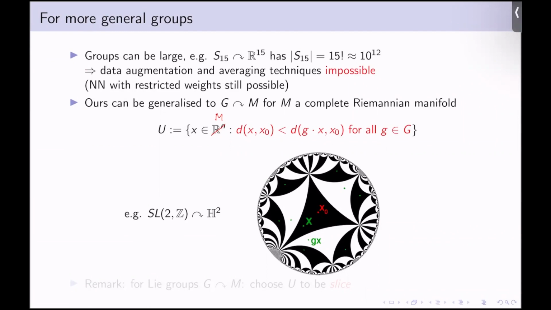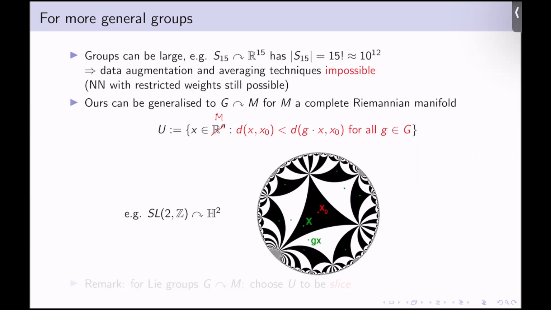Now, this set you can write down for any metric space really, but if you want good properties of this projection map, then you need a bit more, and it's a bit difficult to formulate what properties your group action must satisfy. So let's stick with complete Riemannian manifolds.